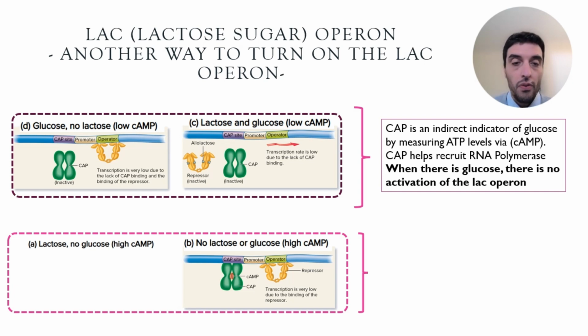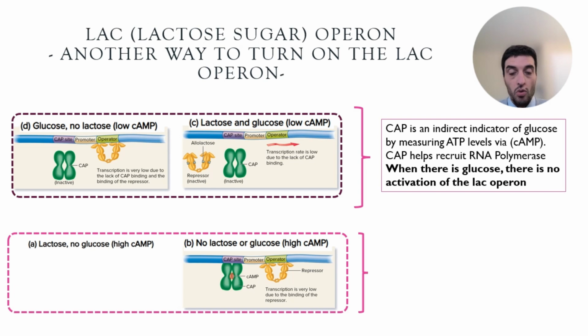Another way of regulating the metabolism of lactose in bacteria is by glucose. So glucose is going to be connected to the cyclic AMP, which helps the CAP recruit RNA polymerase.